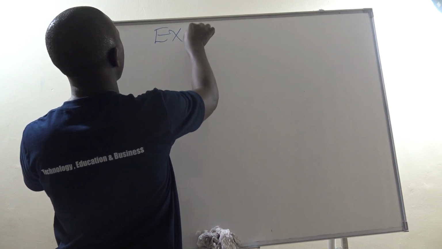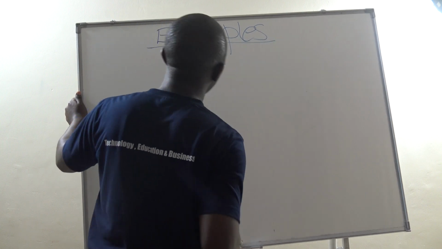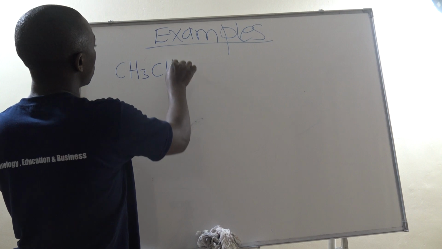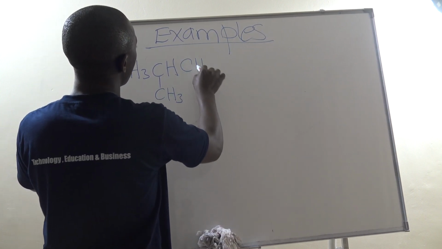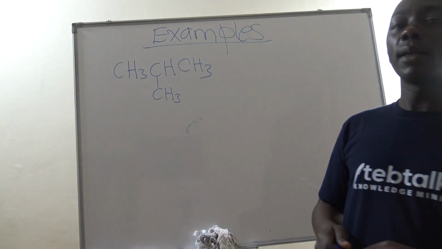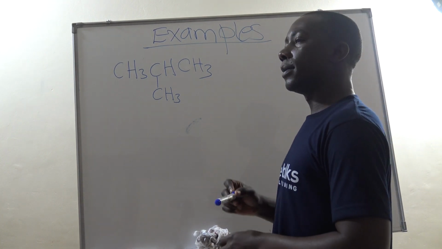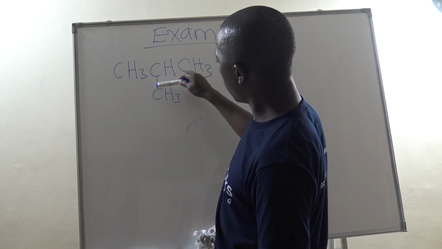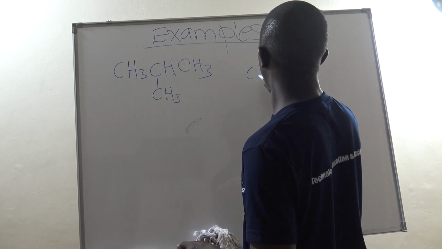Examples now. Example could be a compound like that. Rule number 1, we identify the longest continuous chain. Now, before we look at that, these bonds which are being written should be between carbon and carbon. I want to look at a case where somebody writes it like this.